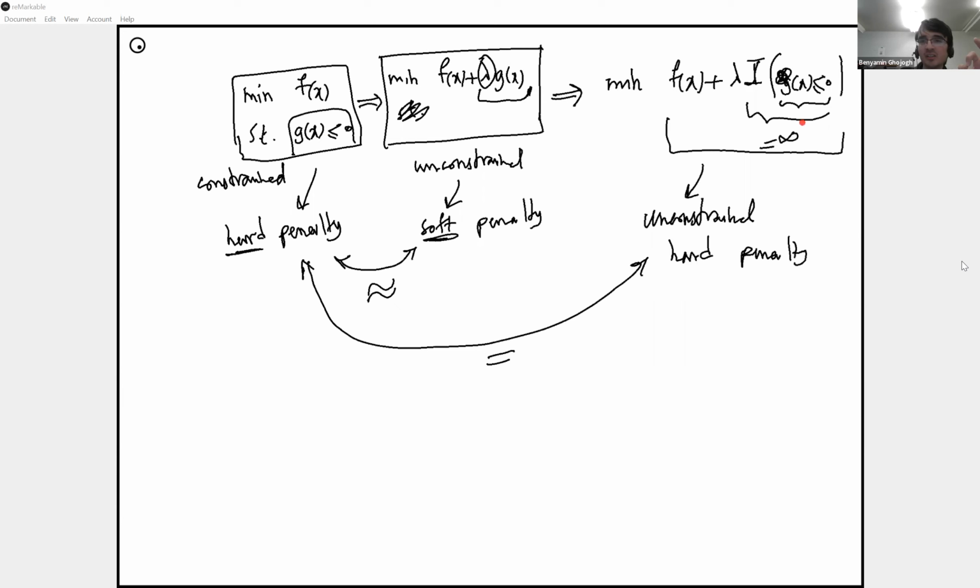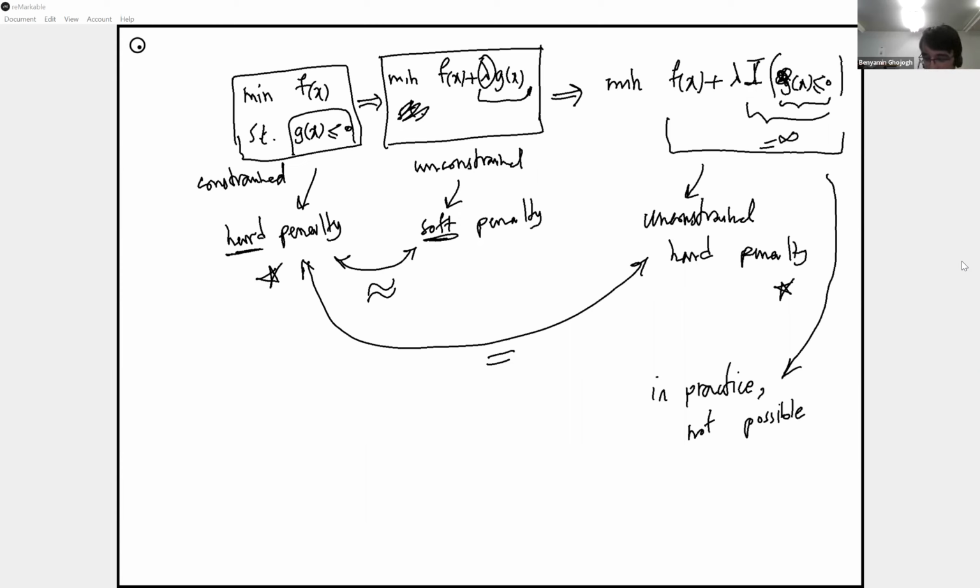When you don't satisfy here, it blows up the objective function. So you must satisfy the constraint in these two cases. Therefore, these two are equivalent, although one of them is constrained and the other one is unconstrained. But another scenario might happen: sometimes you can't solve this in practice. In practice, not possible.